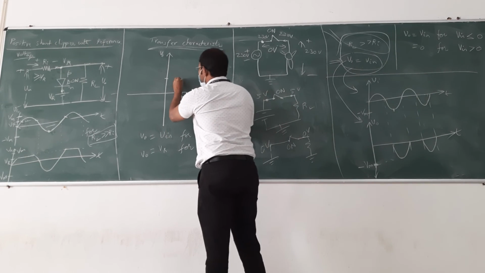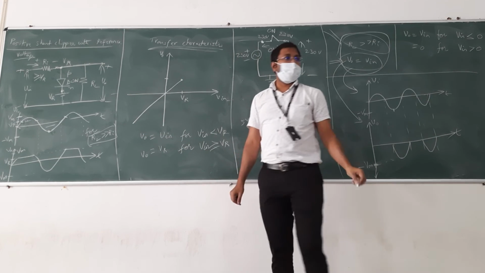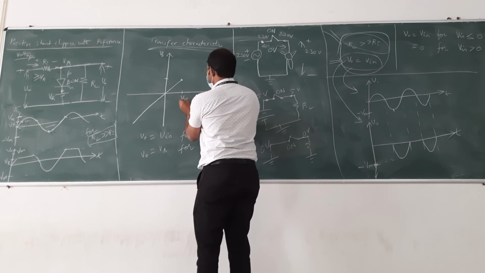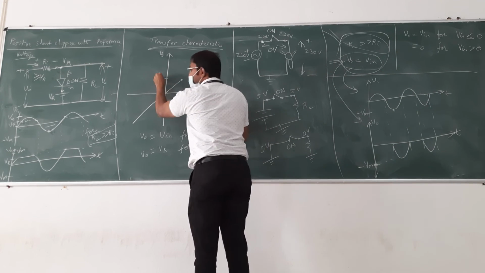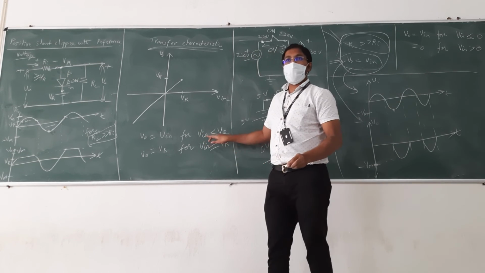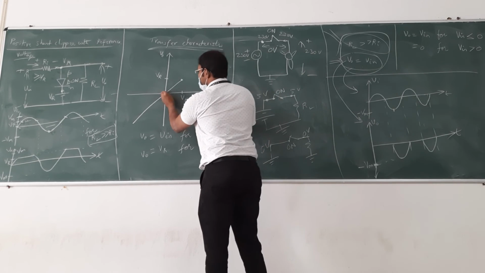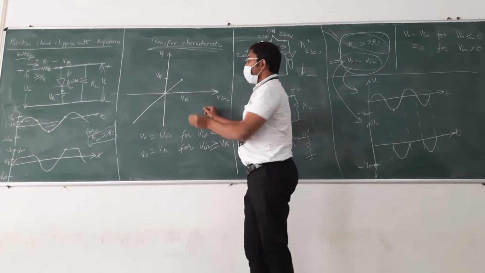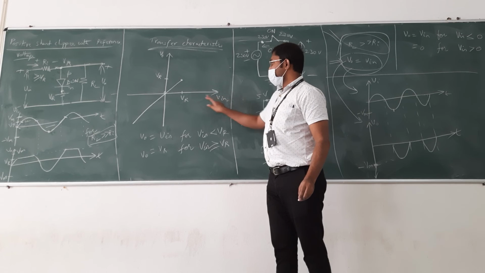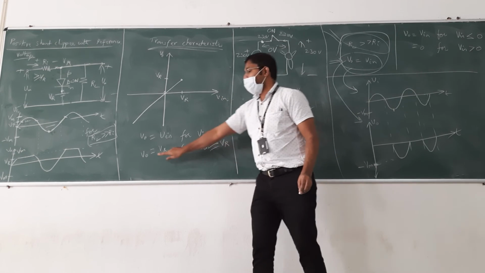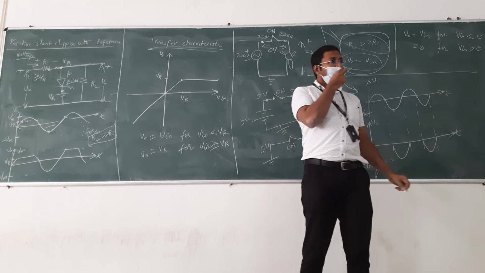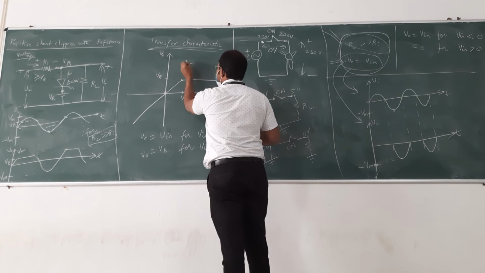Equal means when Vin is Vr, V0 is also Vr. When Vin is 0, which is less than Vr, then V0 is also 0. So we join those 2 points. Next, when Vin is greater than Vr, the output is constant at Vr. So, like this.